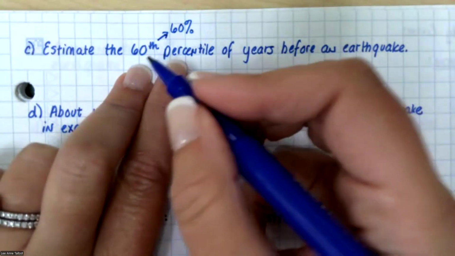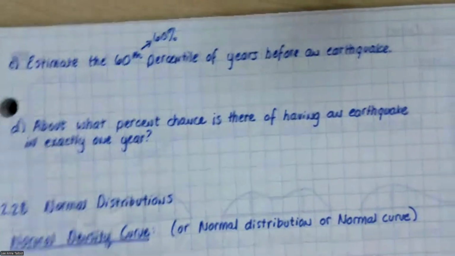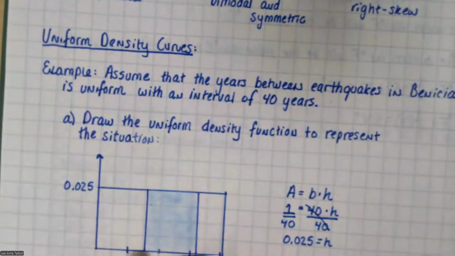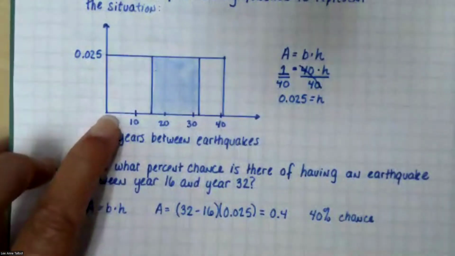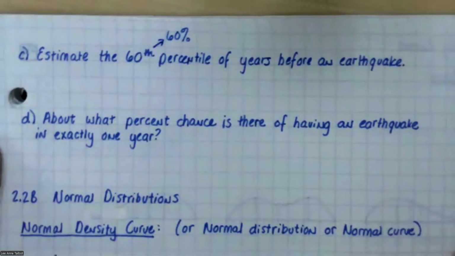So 60th percentile, 60%. And what this is asking you is, if I shaded in 60% of this rectangle from 0, what year would it be on the x-axis?